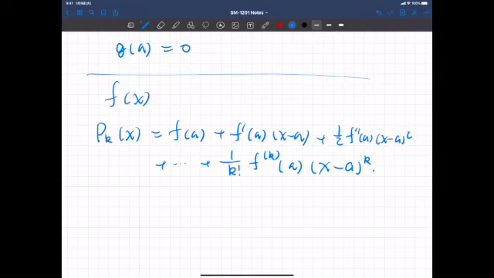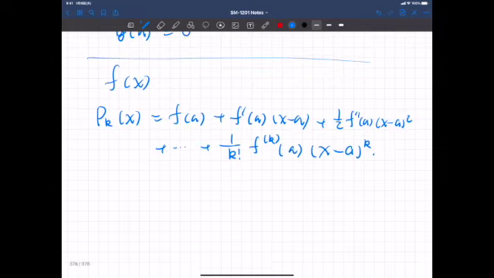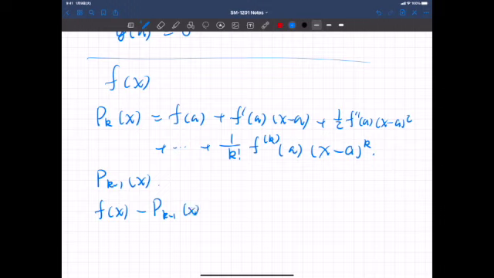Okay, so we define it this way, and let's take the difference. Now consider p_{k-1}. So this is the polynomial of k minus 1th order. Consider the difference between f of x and the polynomial p_{n-1} of x.